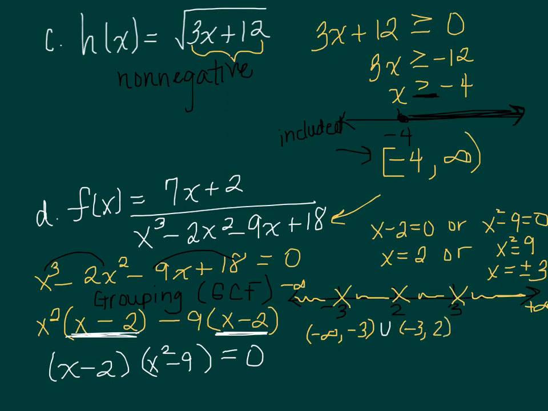And all of these numbers are not included. Then I have to go from 2 to 3. And then I have one more interval. My last interval is from 3 to infinity. So that's how your domain will look if you have 3 numbers you had to exclude. So the more numbers you have to exclude, the more intervals you're going to see.